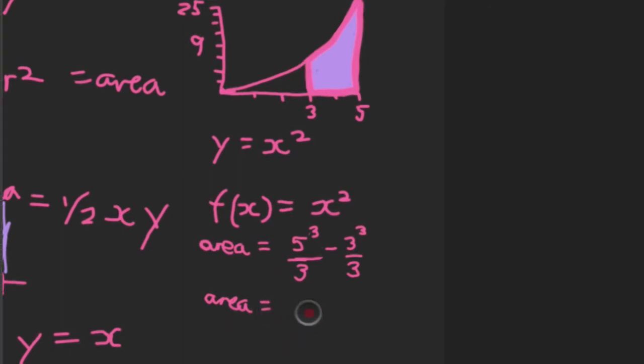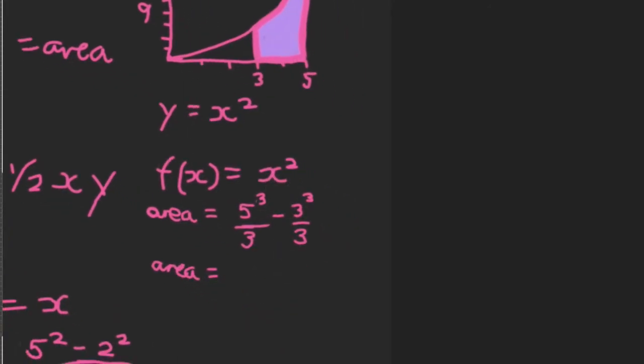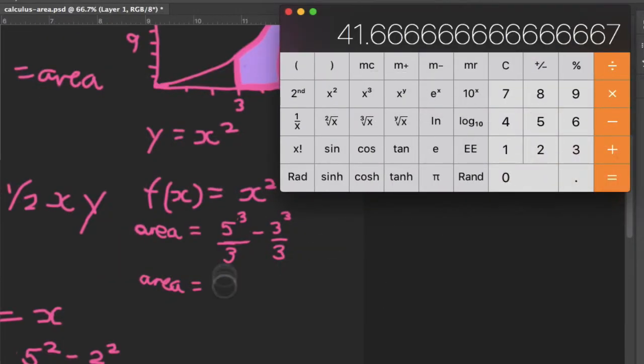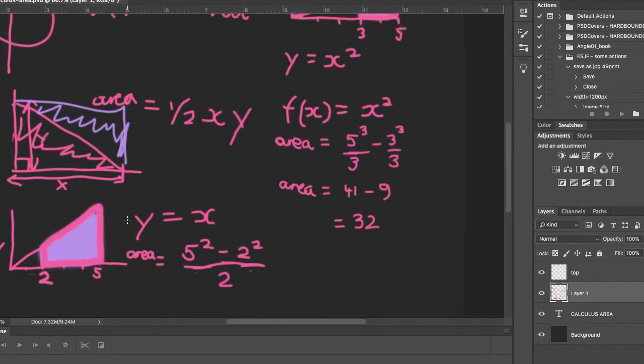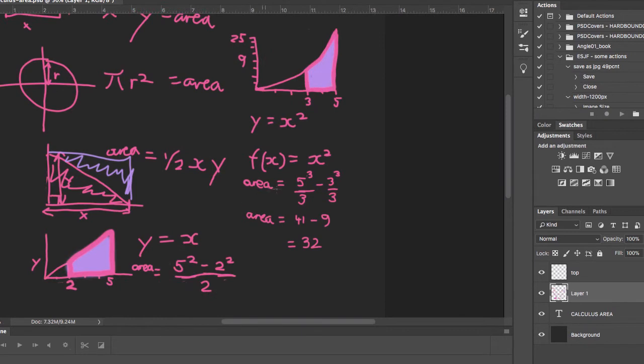So the area is, in order for it to be clearer, when you say area and you want to be explicit about 3 and 5, that's when you start getting this crazy symbol. So we would write, in order to solve this, that's when you start seeing this.